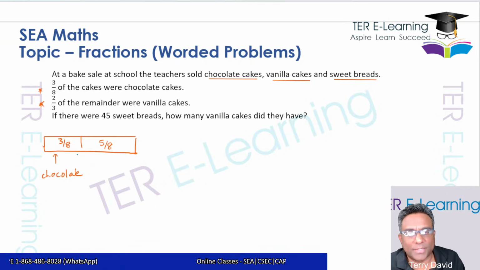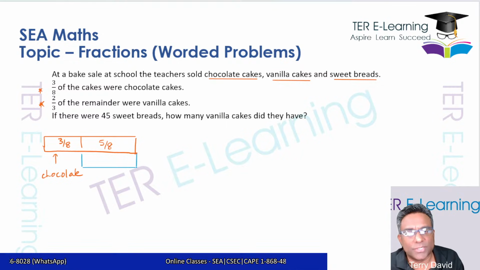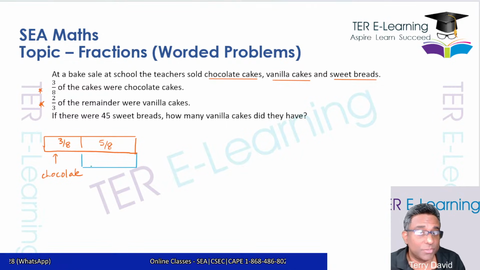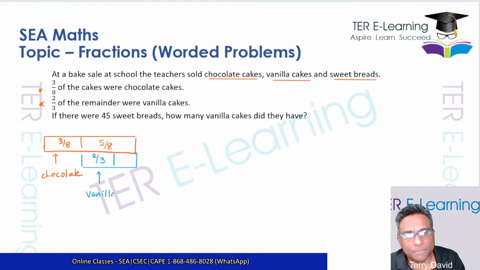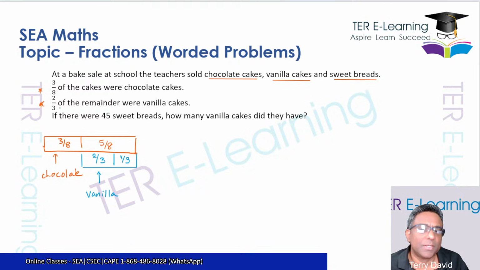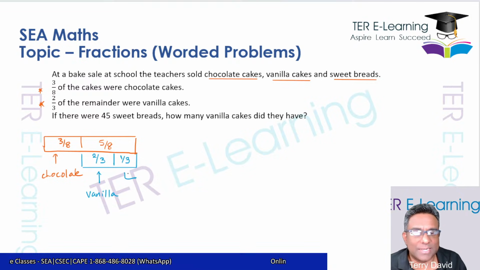So let's draw a box here to represent the remaining part. But 2/3 of that remainder is vanilla. So this fraction here corresponds to vanilla. And if that's 2/3, it means you have 1/3 here. Okay? So now, if there were 45 sweetbreads, this last piece here, that's your sweetbread, right?